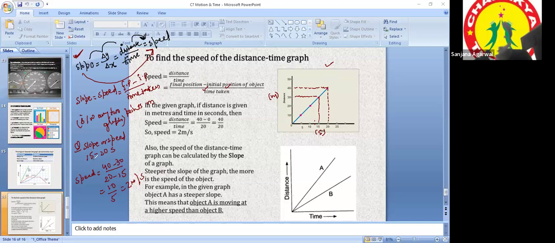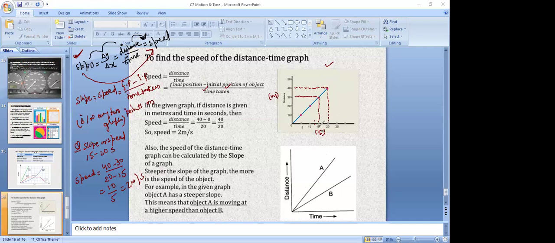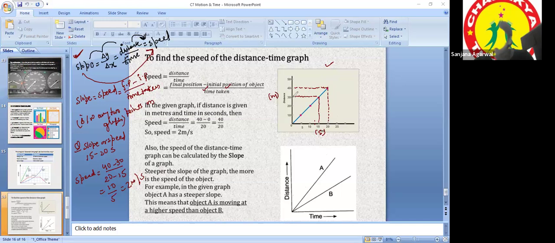If the question is telling you between 15 and 20 seconds, you have to draw a line at 15 second and 20 second and take it over the journey of the graph and correspondingly look at the distance value. So you have to do these dotted lines that I'm doing in every graph. Corresponding to 15 seconds, what was the position? This blue line in this graph gives us the data and shows us what the values are. At this particular time, this distance was traveled. At this particular time, that distance was traveled.